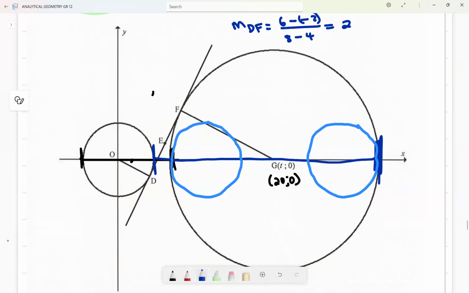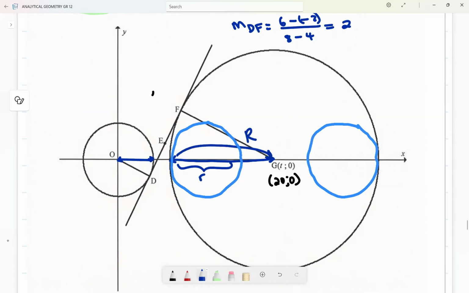But the question is, how can I find that? Well, there are numerous things that you can try to do. If I were to find the radius of this one here and the radius of the bigger one here, do you agree that this one will be the radius of the smaller circle, and this one will be the radius of the bigger circle?